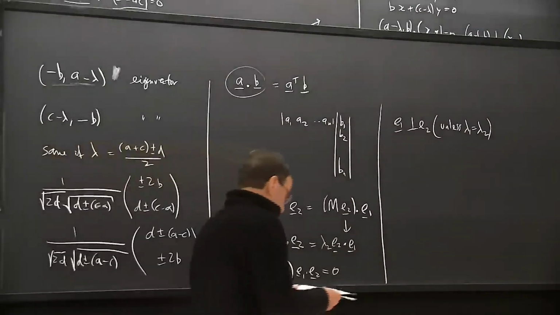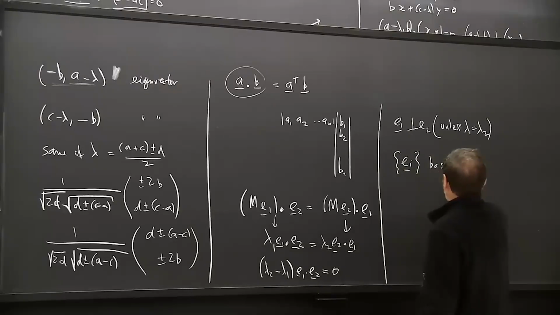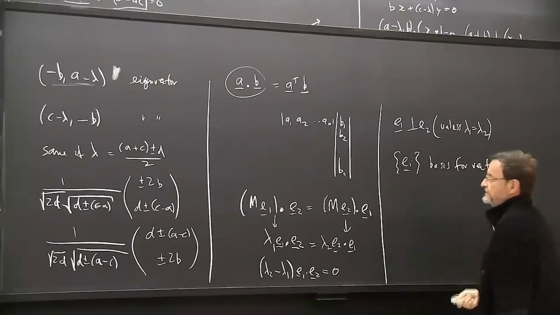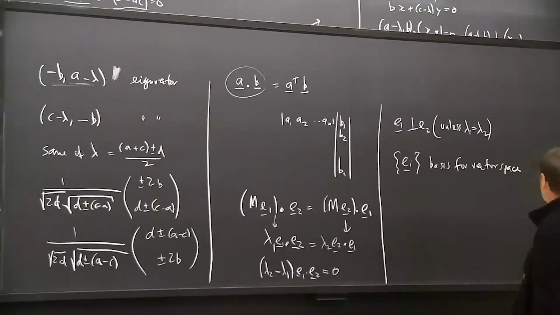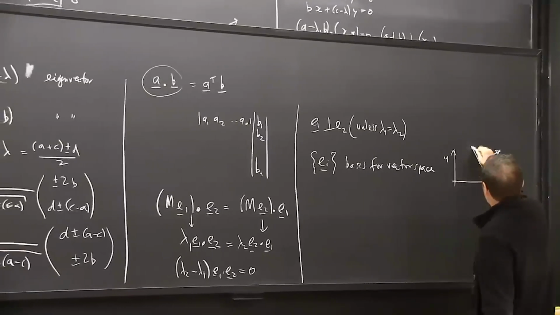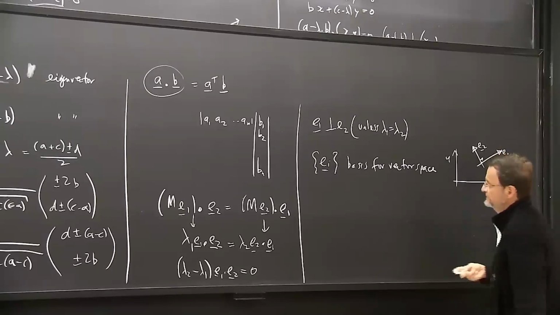So in the 2 by 2 case, what happens? Well, I get an eigenvector here, and the other one better be perpendicular to it.